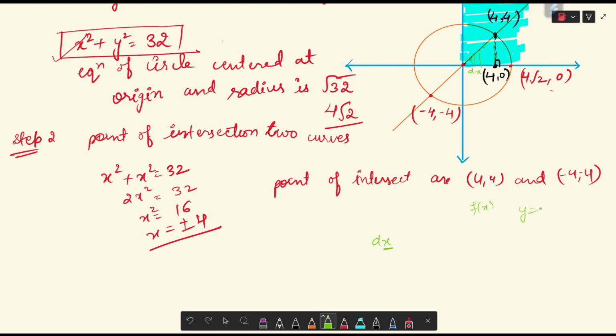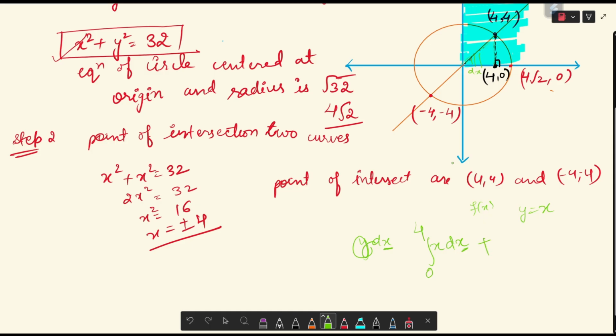The equation of this line is y equals x. So we need to put here y, and y is a function of x. So we will have the integration of x dx. And what will be the limit? The limit will be of x. X is going from 0 to 4. So 0 to 4 is the limit.